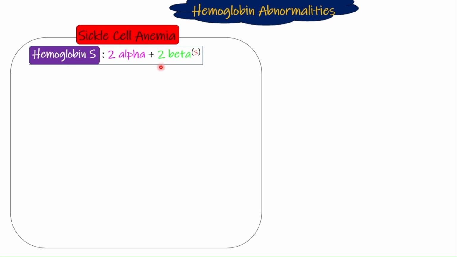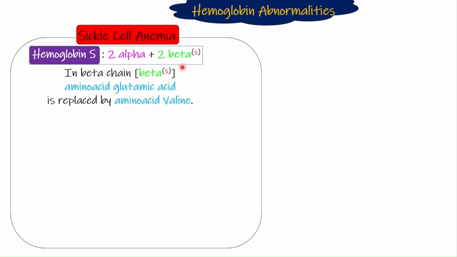Now, what is the difference between a normal beta chain and this beta chain of the sickle cell hemoglobin? In this beta chain, the amino acid glutamic acid is replaced by the amino acid valine. So, the amino acid valine replaces the normal amino acid glutamic acid in the beta chains.